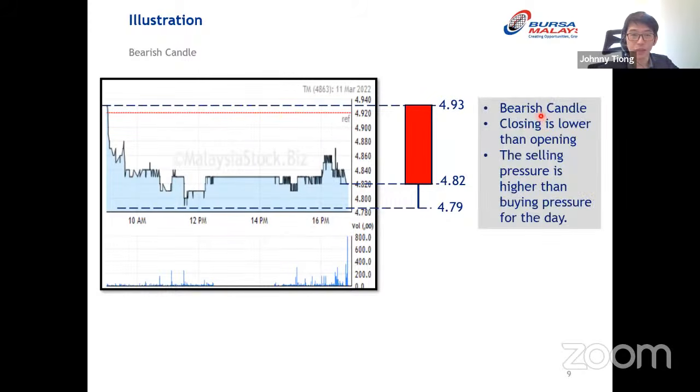This is a bearish candle whereby the closing is lower than the opening, so the selling pressure is higher than the buying pressure for the day. Meaning all this volume here is actually trying to sell Telecom Malaysia stock. That's why the price fell from 4.93 to 4.82.